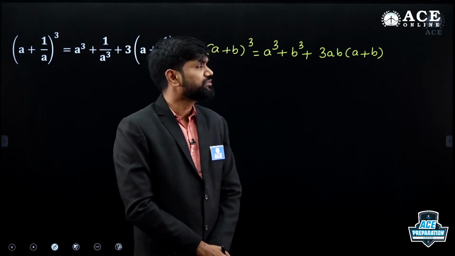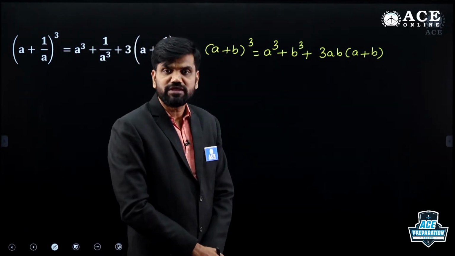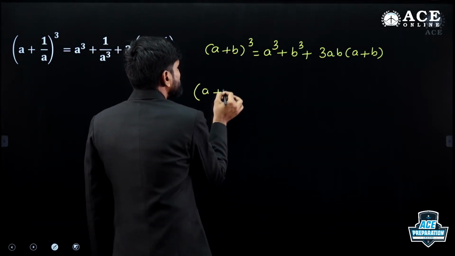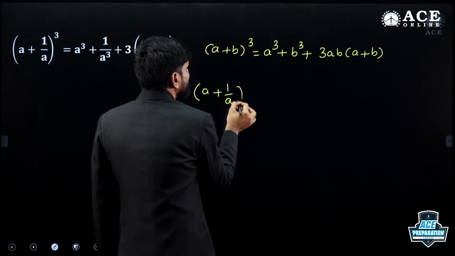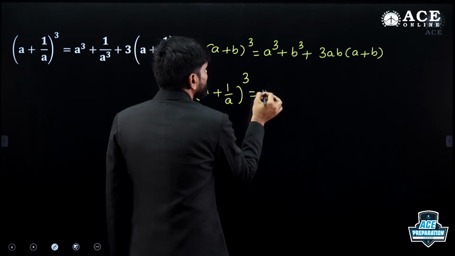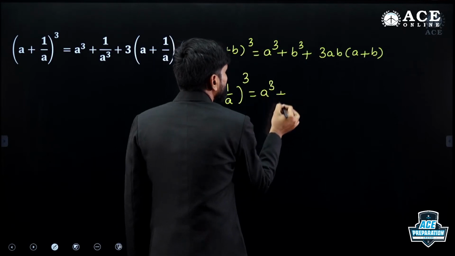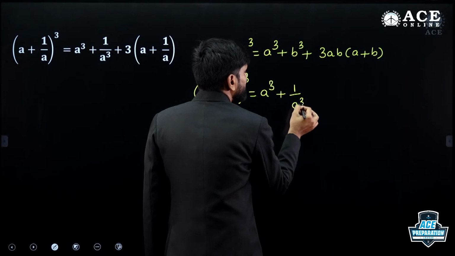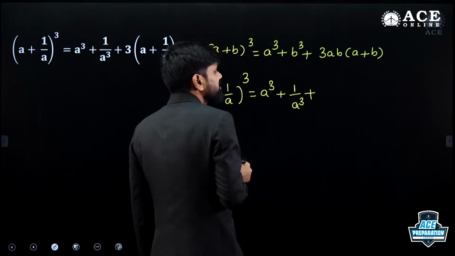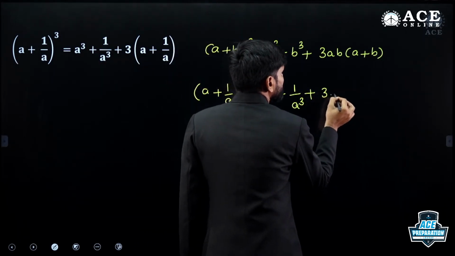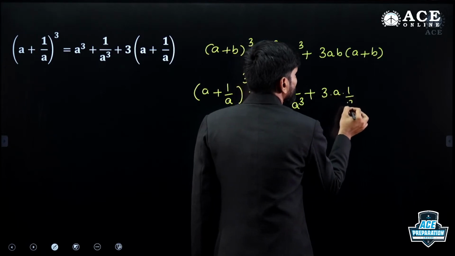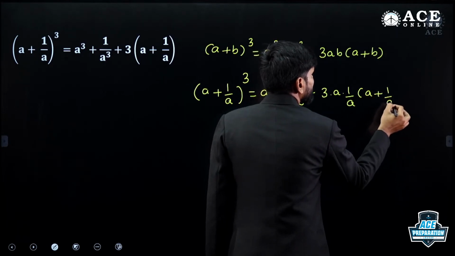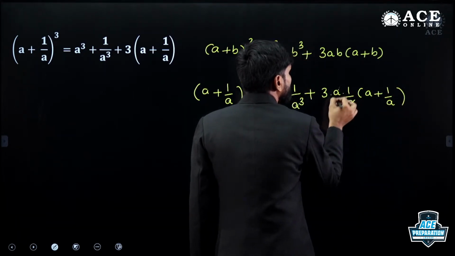Now I am extending it: in place of b, I am taking 1 by a. If I take 1 by a here, it comes out to be a plus 1 by a whole cube is equal to a cube plus, in place of b, 1 by a cube, plus 3 into a into 1 by a into a plus 1 by a, in which a gets cancelled.